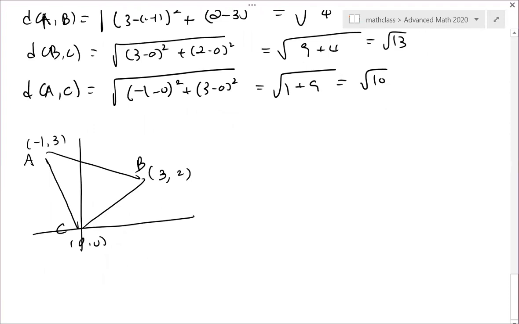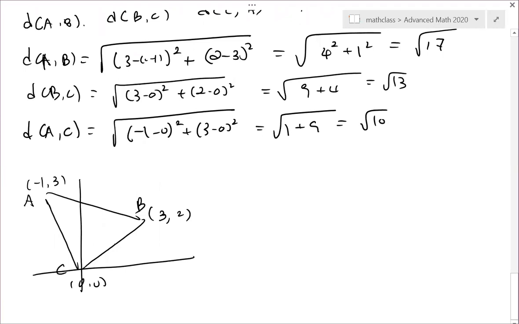Now here's the point. If you just focus on the triangle, and you know the three sides, here's Heron's formula, but I don't suggest you use this formula.